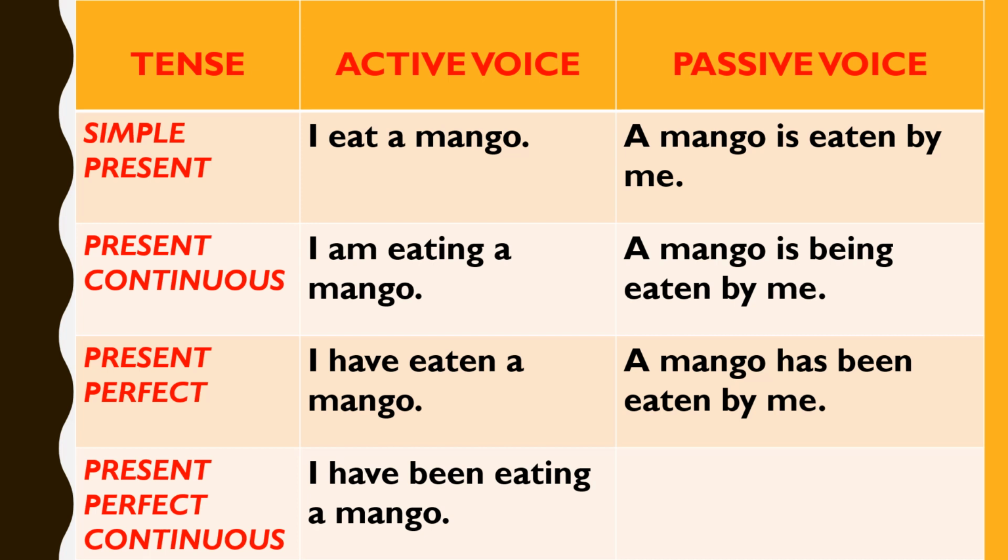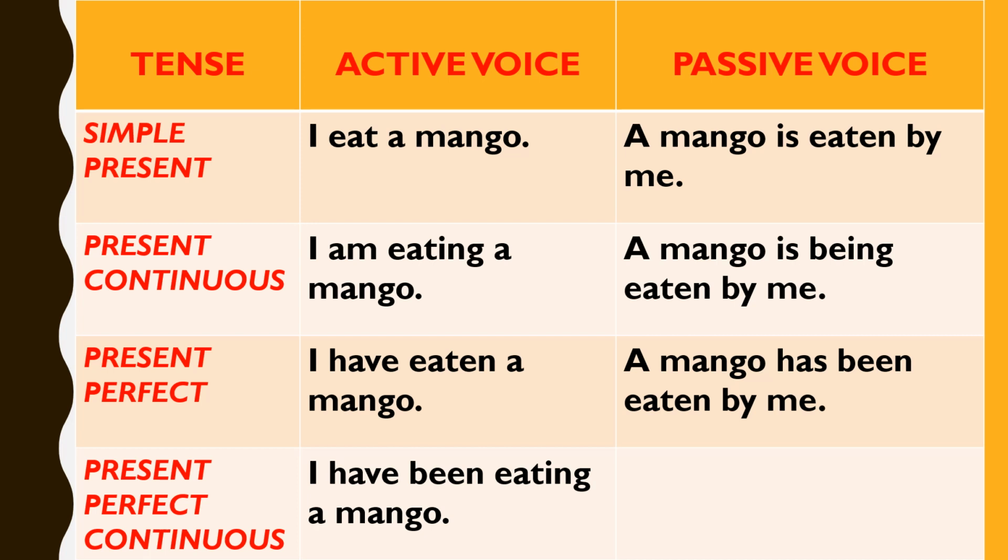Being should be added. So a mango is being. So the main form of the verb eating is eat. If we take it in V3, that will be eaten. So eating is changed into eaten. A mango is being eaten, and we must add the preposition by. A mango is being eaten by me.